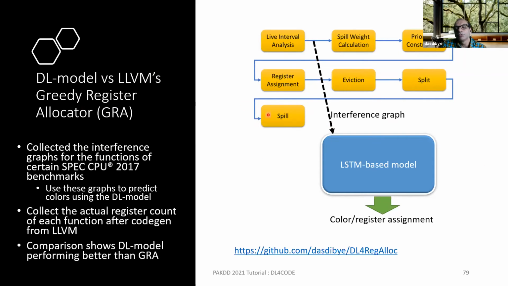This is the normal flow. From the live interval analysis, we take out the interference graph, feed it to the LSTM model, get the color correction assignment, and compare it with what LLVM would have done. We see that for several SPEC 2017 benchmarks, we are almost at par or doing better than what LLVM's greedy register allocator would have predicted.